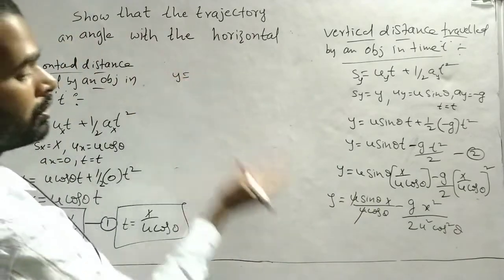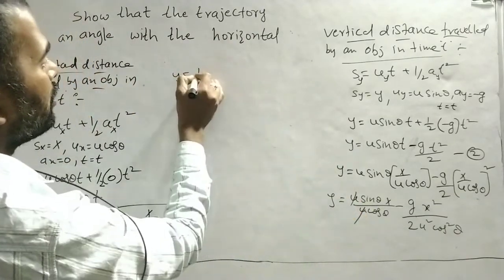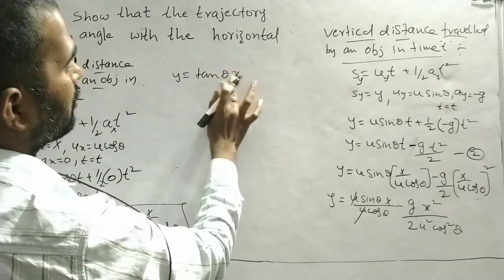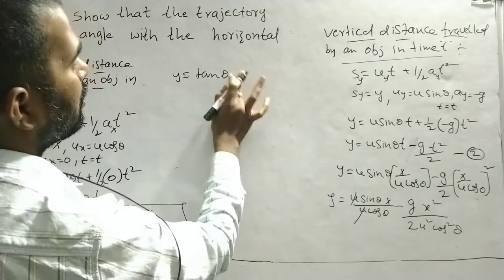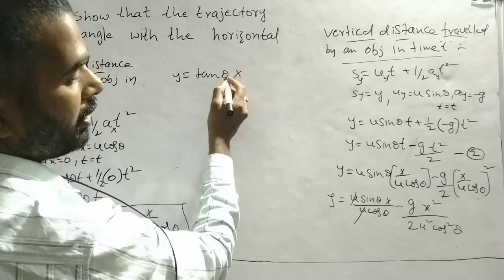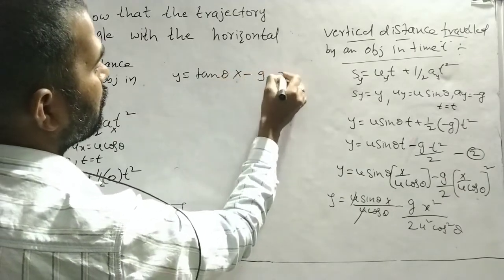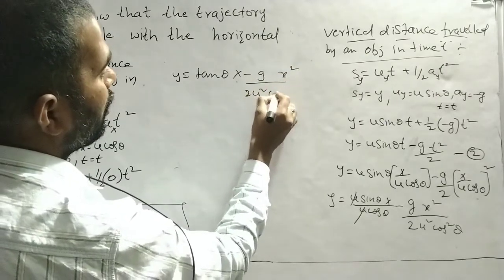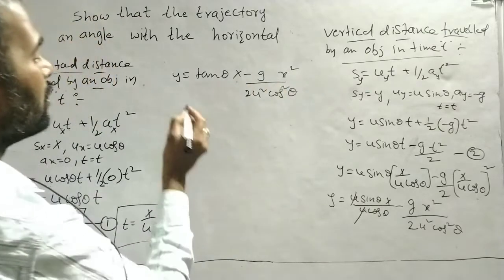Sin theta by cos theta is tan theta, so y equal to tan theta x minus g x square by 2 u square cos square theta.